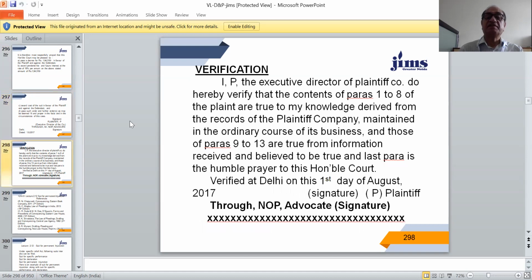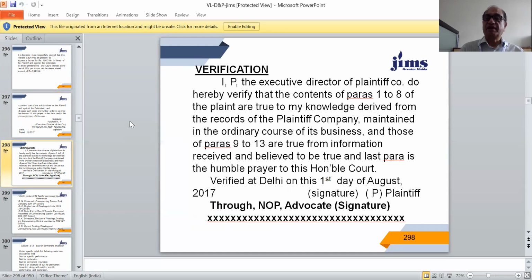Now, lastly comes the verification clause. The plaint is to be verified by the executive officer of the plaintiff company. So: I, P, the executive director of the plaintiff company, do hereby verify that the contents of paras 1 to 8 of the plaint are true to my knowledge, derived from the records of the plaintiff company maintained in the ordinary course of business, and those of paras 9 to 13 are true from information received and believed to be true, and the last para is the humble prayer to this honorable court.